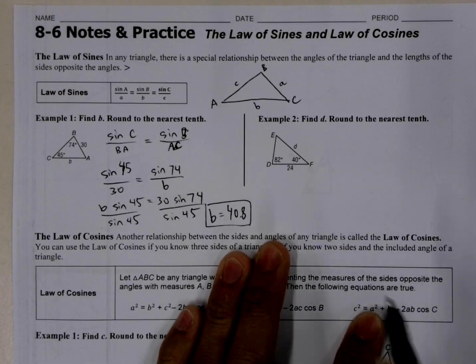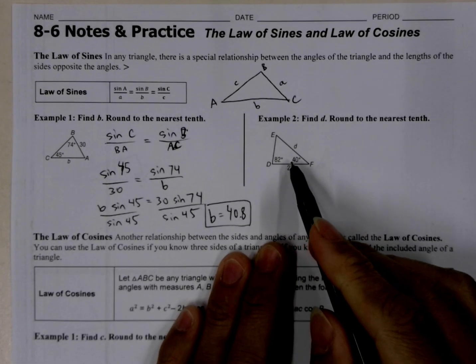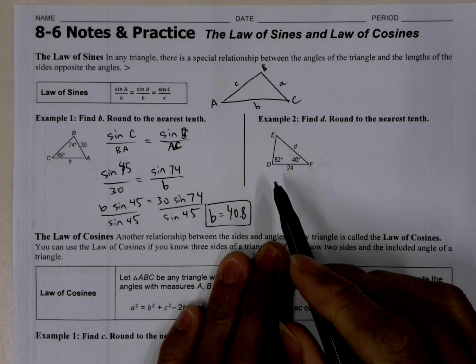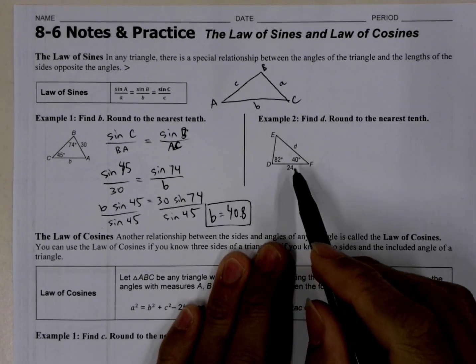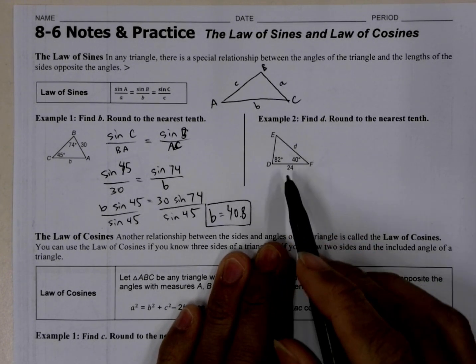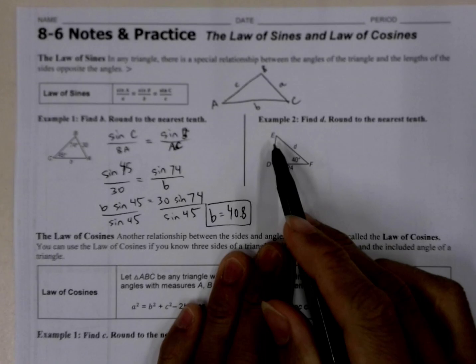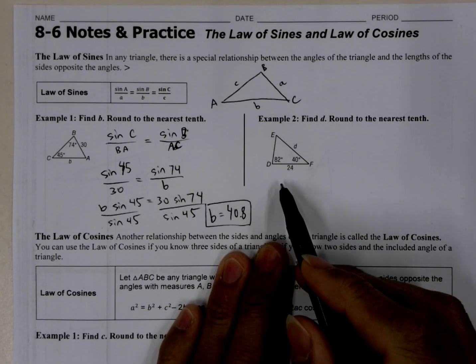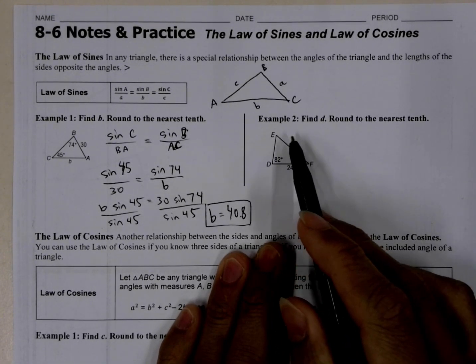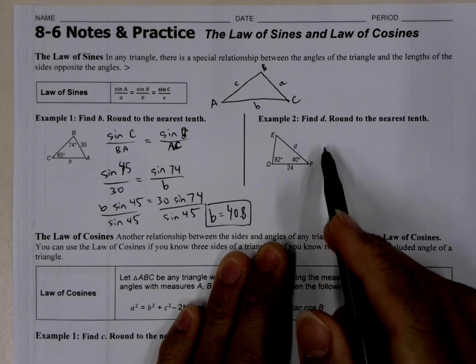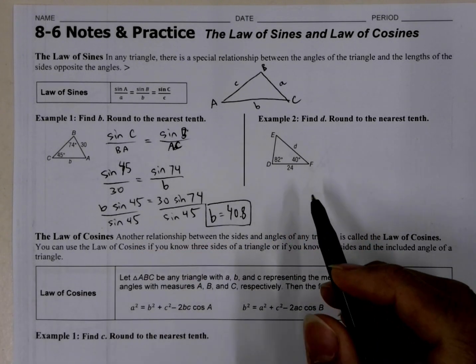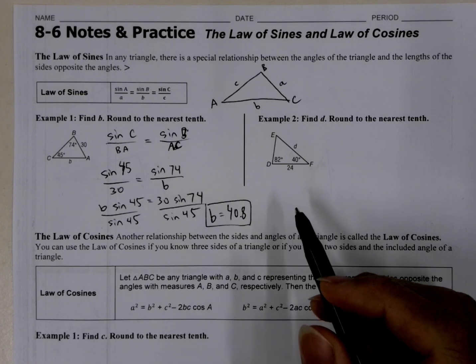It's the same idea. We want to solve for d, so we're going to do sine of O. However, we need angle E because they give us DF, right? So we need angle E, and in order to get angle E, we need to apply the triangle sum theorem, right? So the angles of the triangle add up to 180.